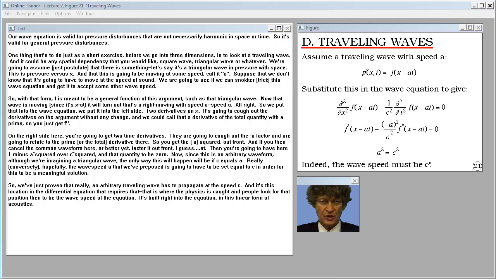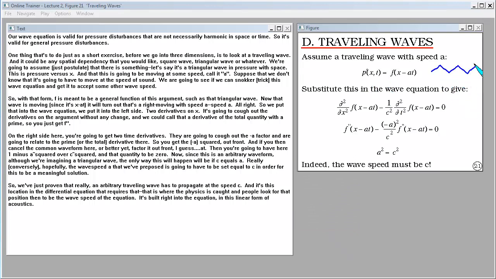One thing to do, just as a short exercise before we go into 3 dimensions, is to look at a traveling wave. It could be any spatial dependency you would like: square wave, triangular wave, or whatever.